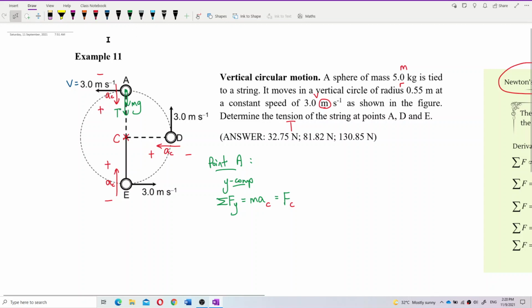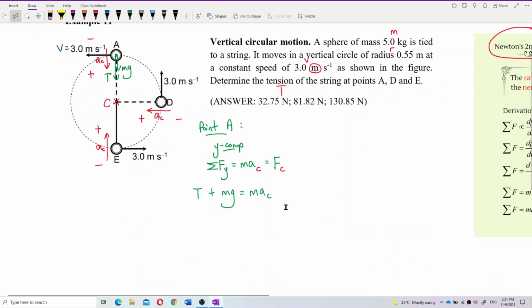Both of them are positive, so we can write it as T plus mg, equal to m a_c. Well, we don't have the a_c yet, so we need to find a_c first.